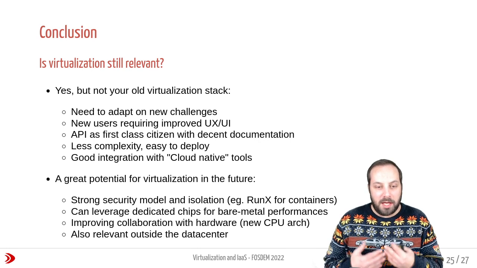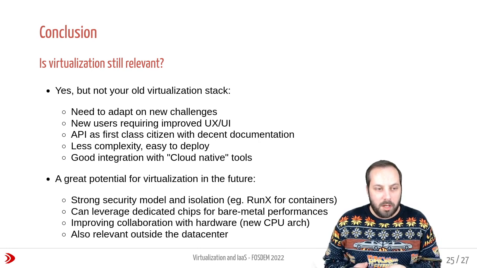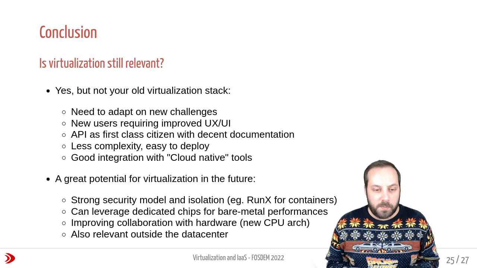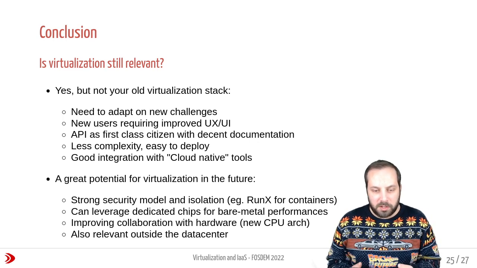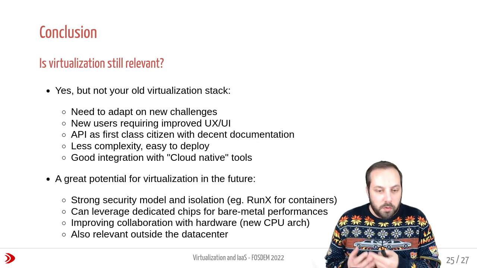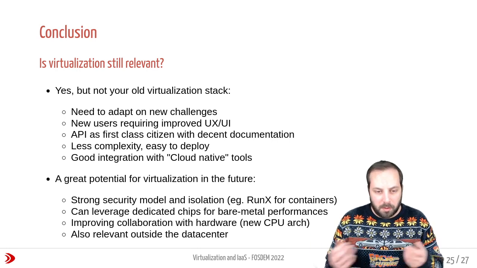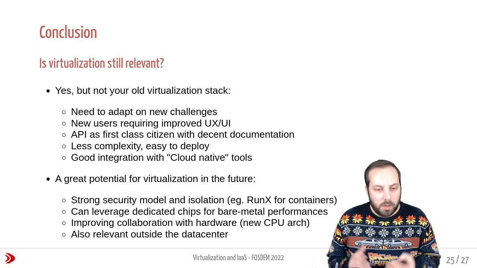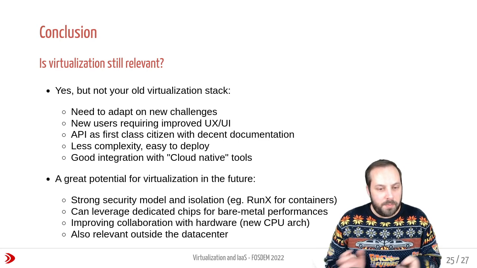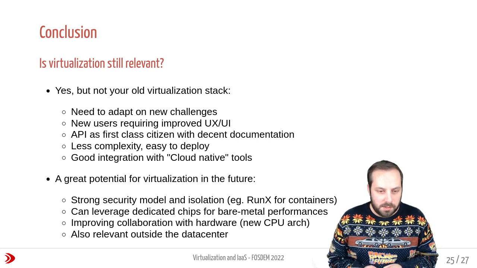And because we have more and more developers, you need to improve your user experience, your user interface, because people that weren't used to that, but more used to cloud tools like AWS or DigitalOcean, whatever, were used to UIs that are a bit different from the traditional ones in on-prem virtualization.